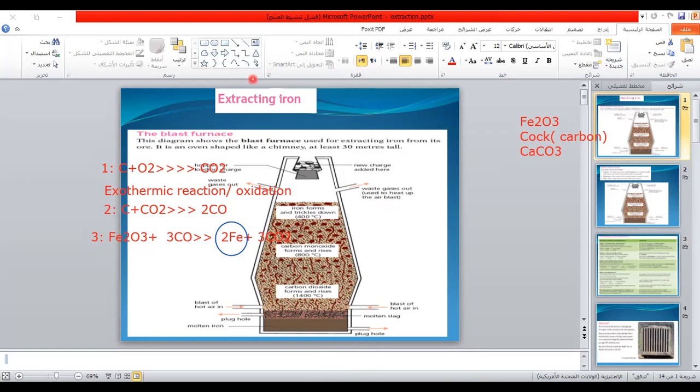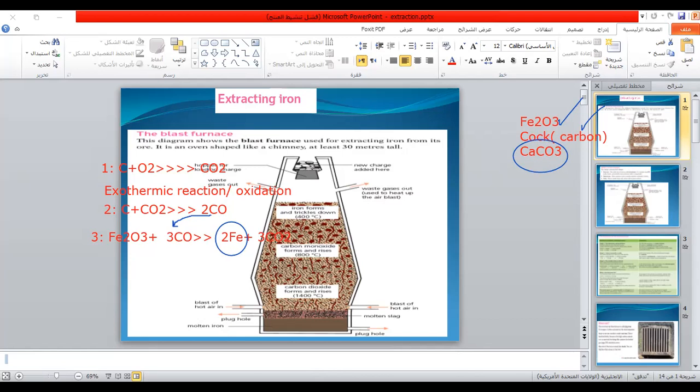So I understood the importance of Fe2O3: we can extract iron from Fe2O3. I understood the importance of carbon: carbon reacts with oxygen to form carbon dioxide, then carbon reacts with carbon dioxide to form carbon monoxide, which is very important in the extraction process. But the most important question is, what is the importance of CaCO3?